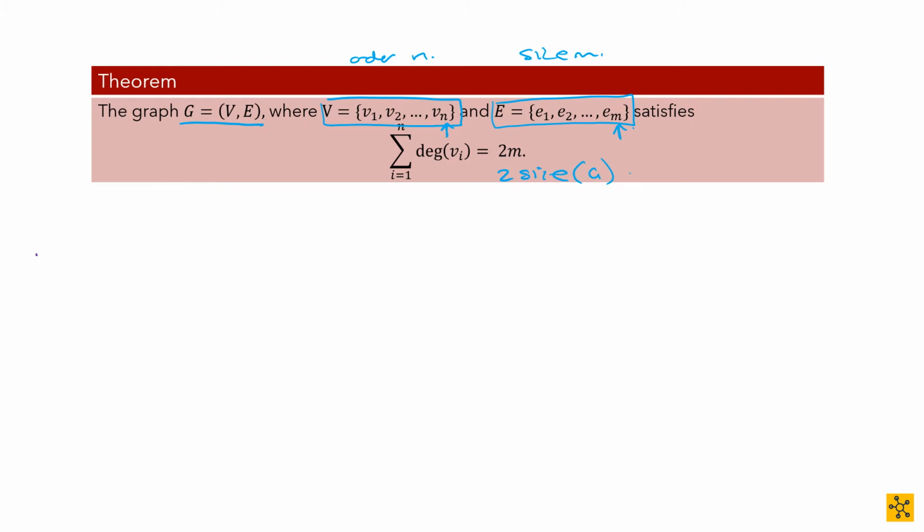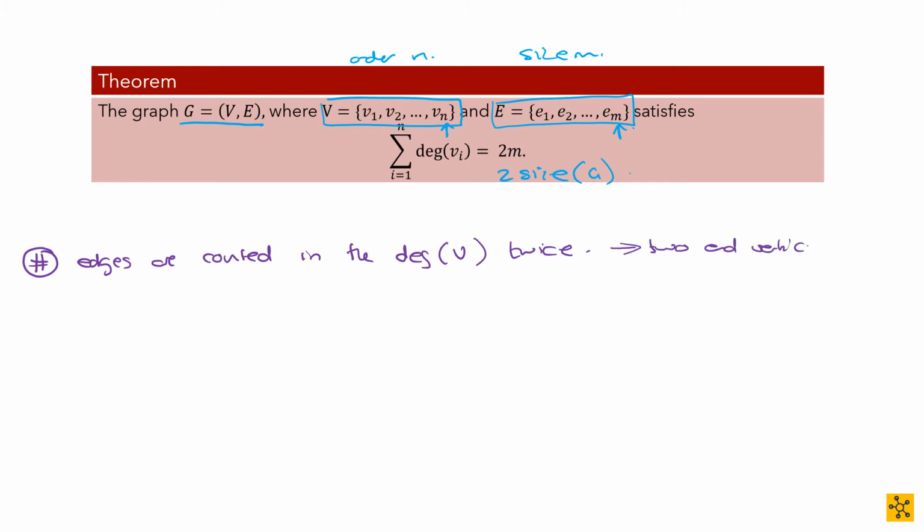So we know from our exploration earlier that the edges are counted in the degree of the vertices twice. Why? Because you have your two end vertices. And now we need to write this idea or concept in a slightly more general way for our proof.